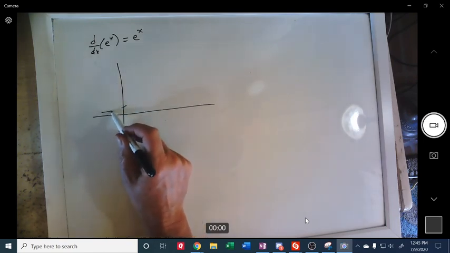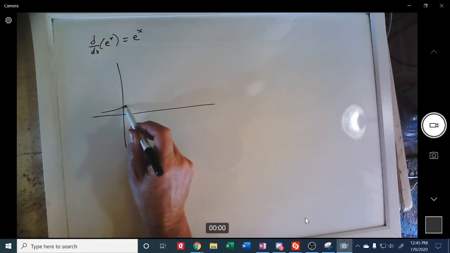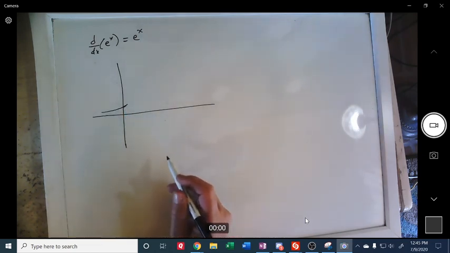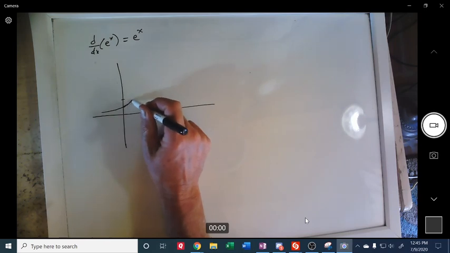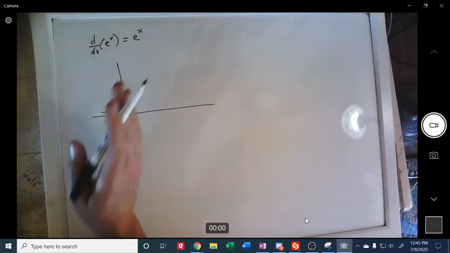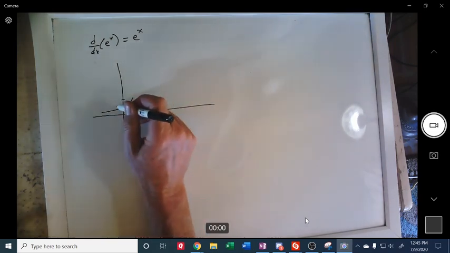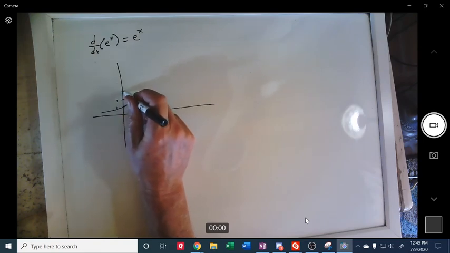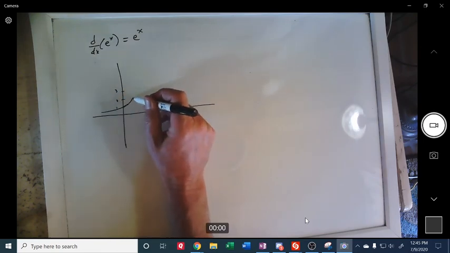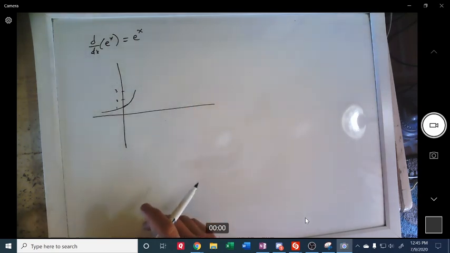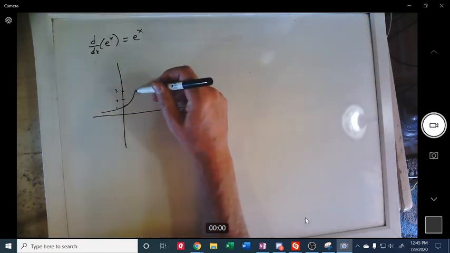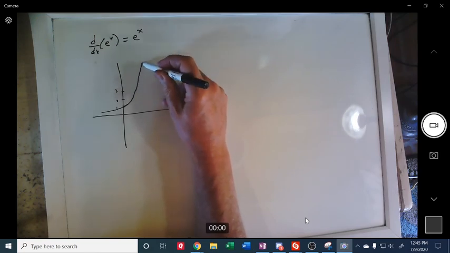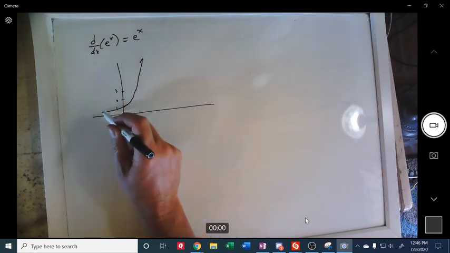And the exponential function does that, has a slope of 1 right there. By the time you get up to a height of 2, you've got to have a steepness of 2. Your instantaneous slope would be 2. By the time you get to a height of 3, your slope has got to be 3. It's a very fast growing function. It's the exponential function. It has that property.